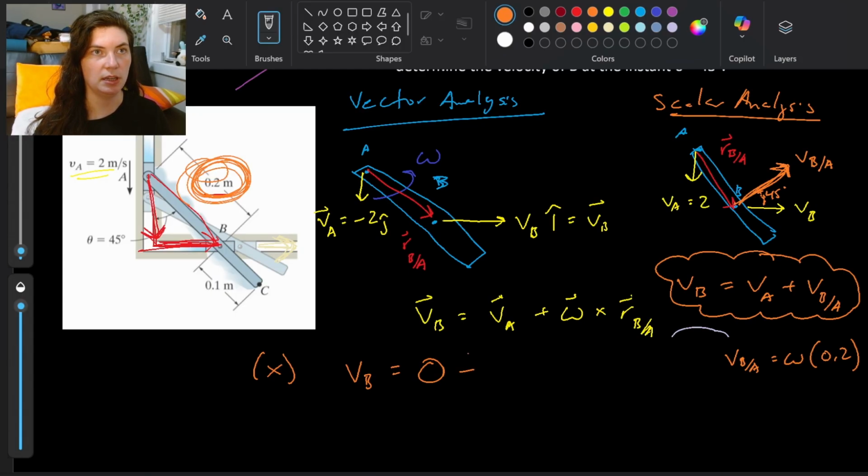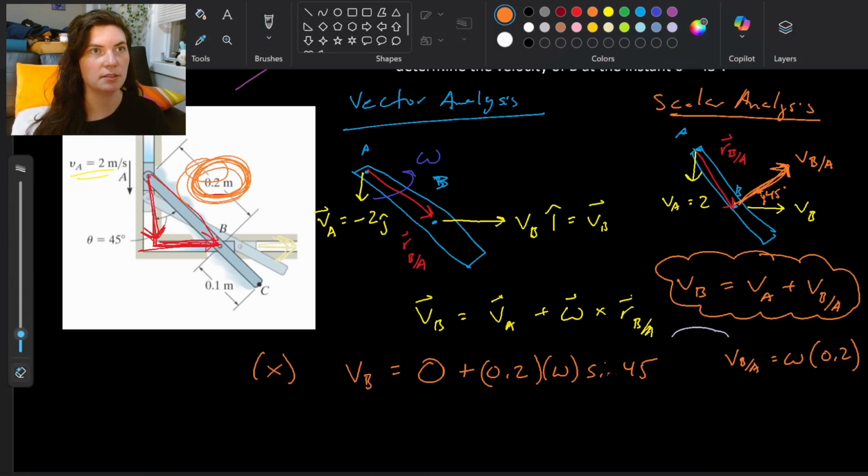So that's going to be plus, because our VB with respect to A is in the positive x direction, 0.2 times omega, that's the magnitude, and then to get the x component of it, that's times sine 45. Or I guess it's cosine 45 in this case, the way I drew that angle on here. Cosine 45, since it is adjacent. And that's all of our x components.